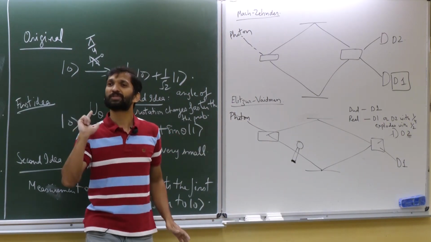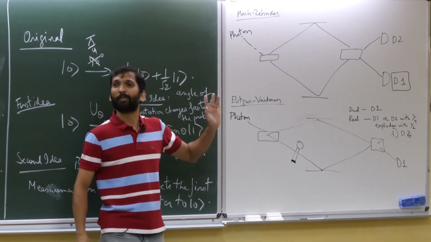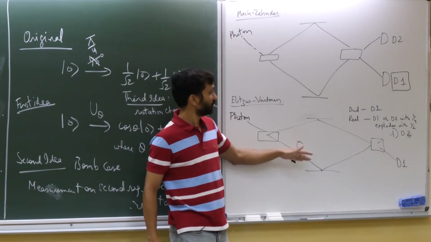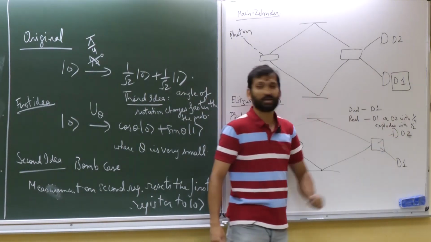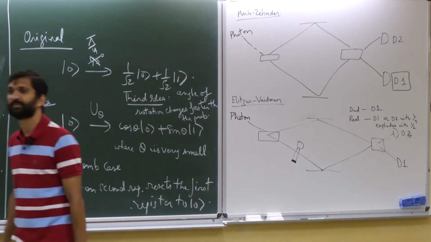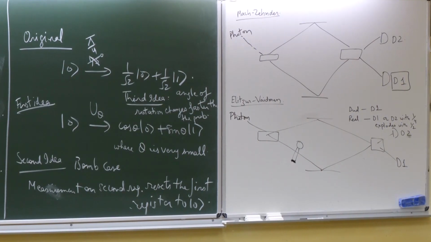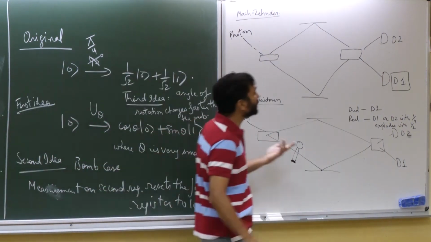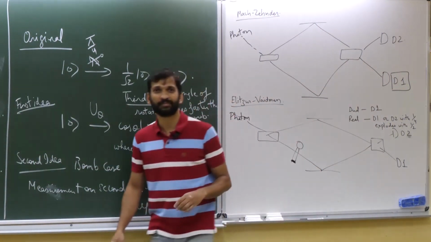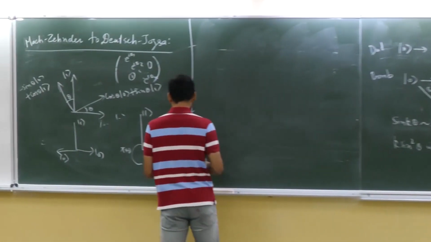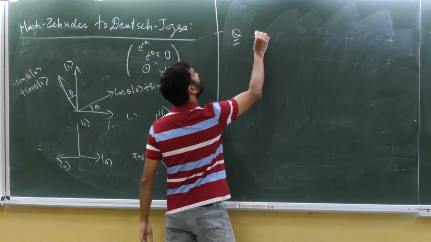Now I change the problem slightly. I say, forget about the bomb. What gate can I put here so that I always measure my photon at D2? Wait, Shuyash, let others answer. And you just have to remember why we were getting everything at D1. So let me phrase the question.